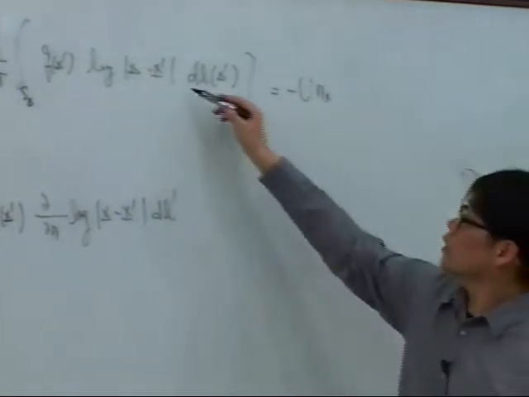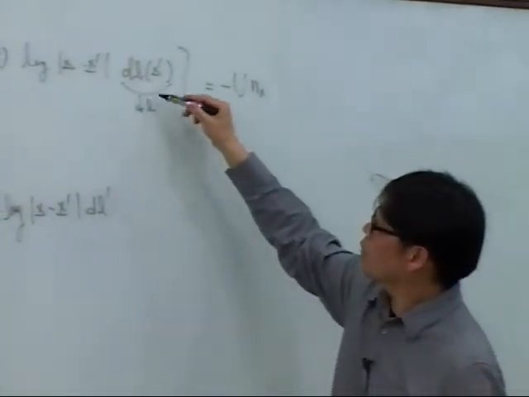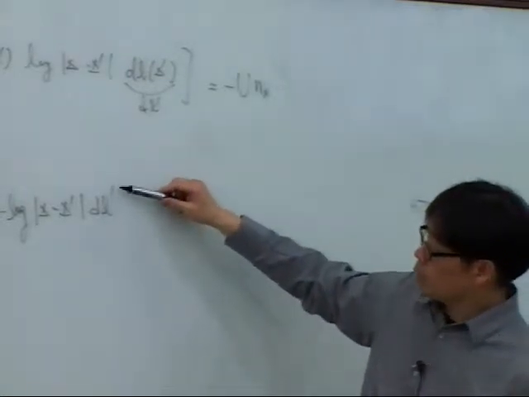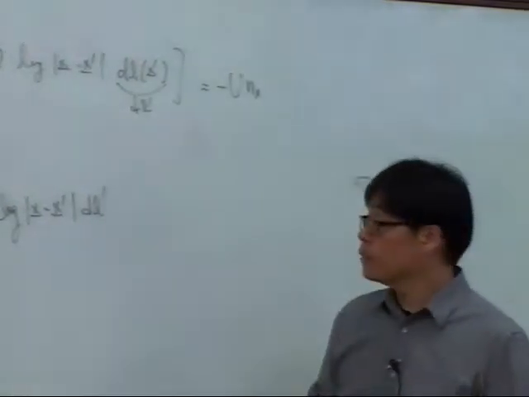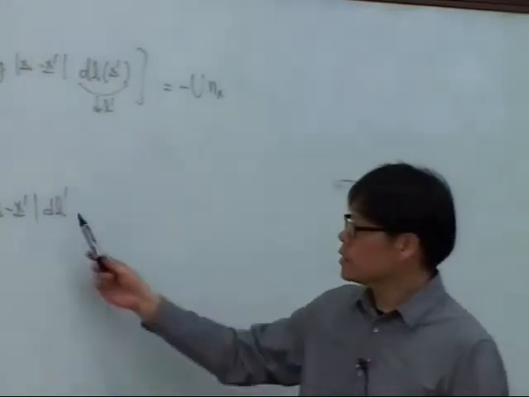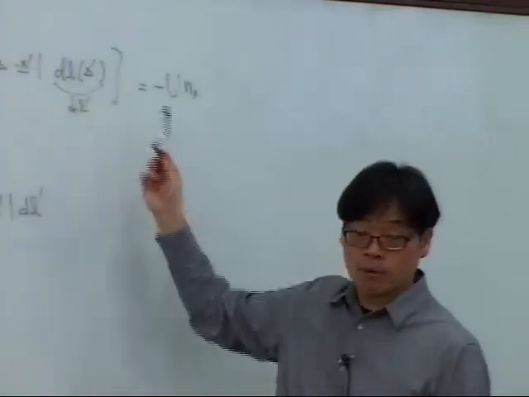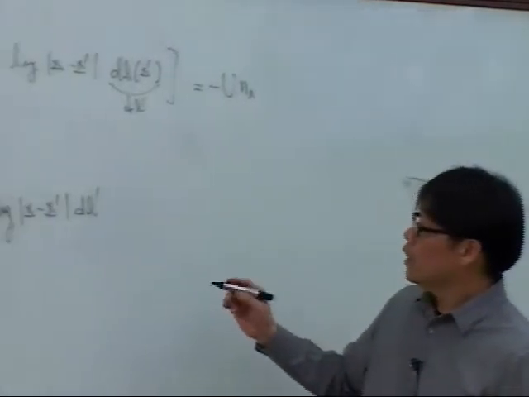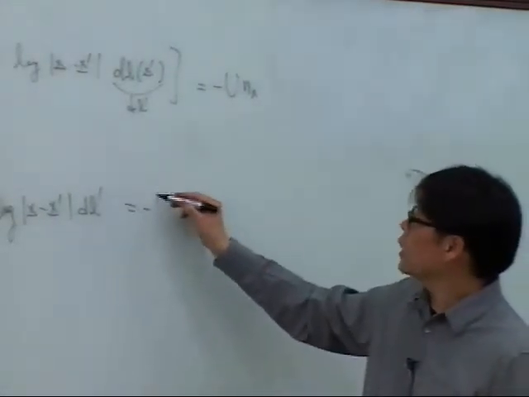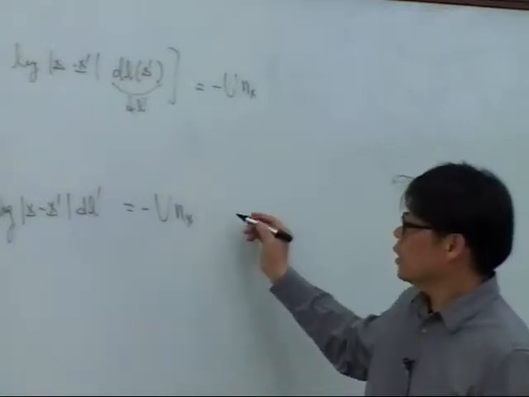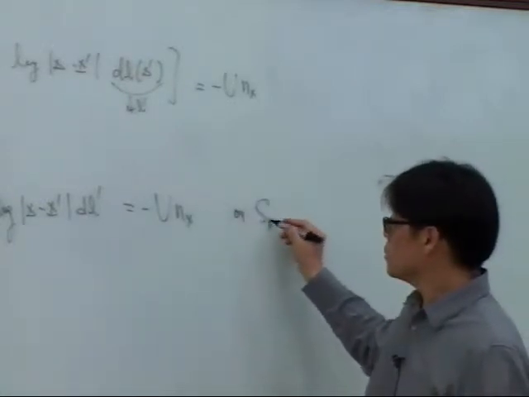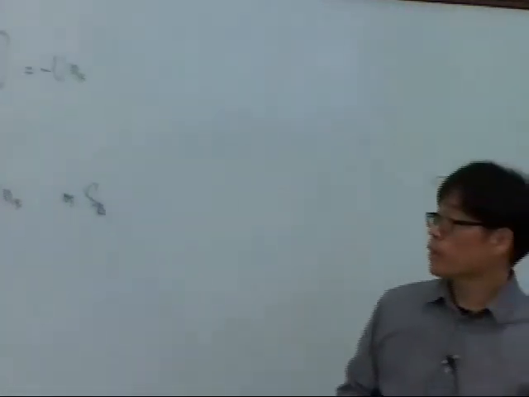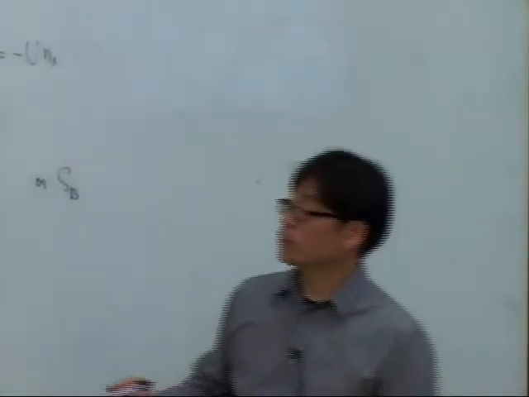Let me call this dl prime. I just want to put prime to emphasize that this is an integration over x prime along the body surface, not for x. And that has to be equal to minus U n_x on the body surface. Okay, so that's the body boundary condition.